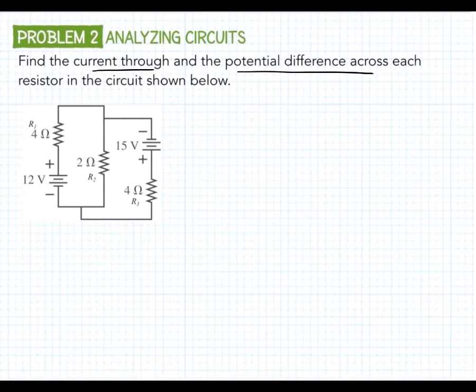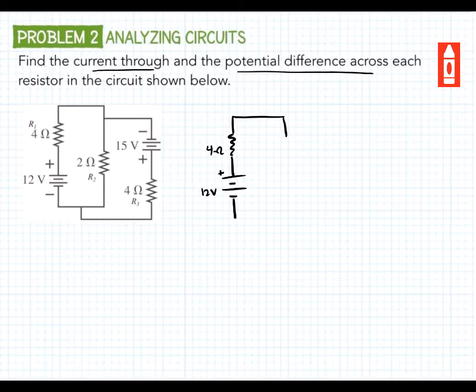So we're going to go through our process for solving a problem. The first thing we want to do is draw a picture. Now here we once again have a pretty good picture, but we could probably make it better. So let's draw it just so it's a little bit cleaner. We have a resistor that's 4 ohms. We have a battery, make sure we keep the right direction, that's 12 volts.